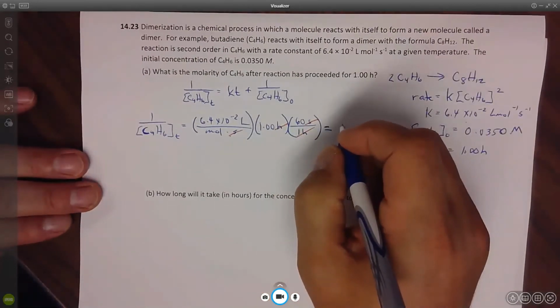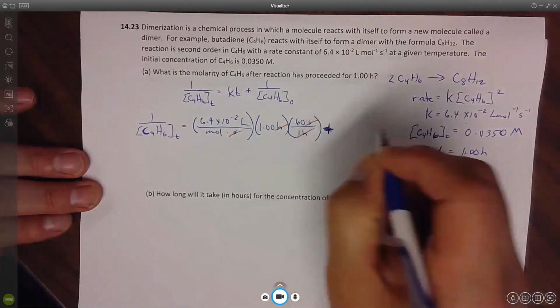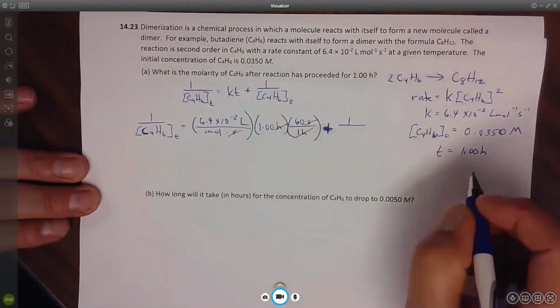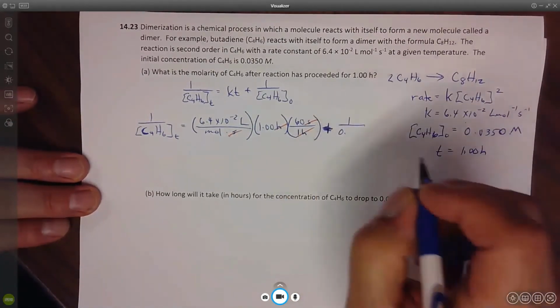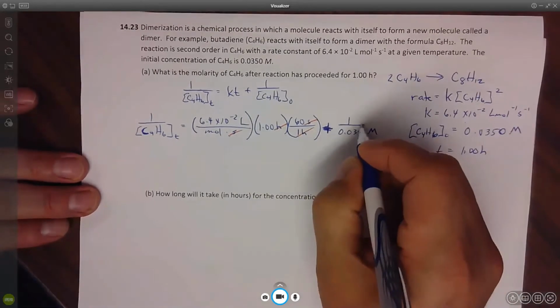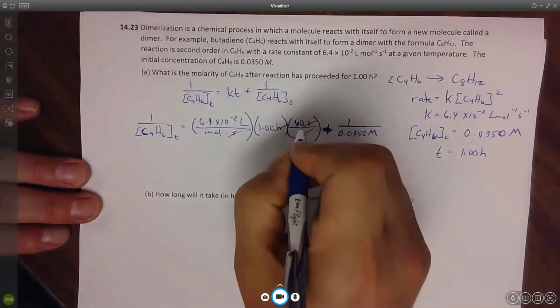So that's going to give me then, oops, I forgot a part, didn't I? So plus 1 over our initial concentration, which is going to be 0.0350 molar. Okay. Through the equation, it's 1 hour equals 3,600 seconds. Just 60, right? Yes. Yeah, I should have.